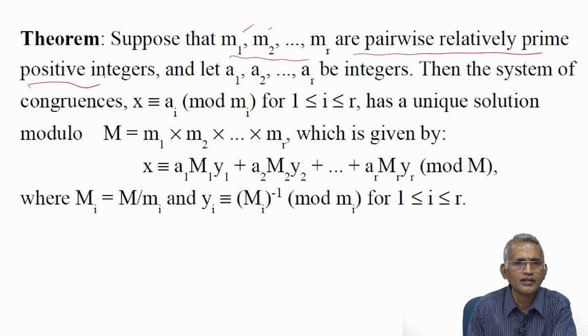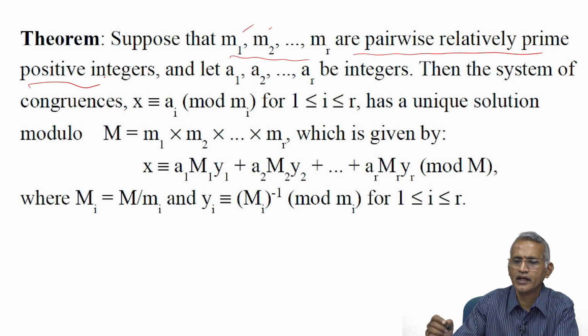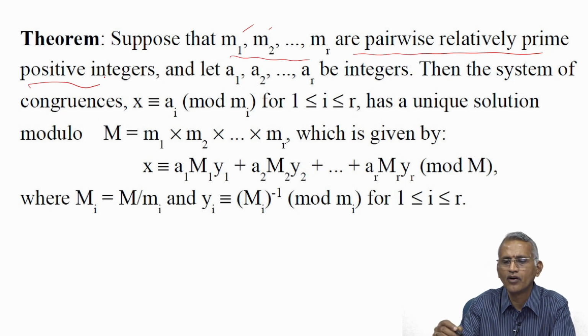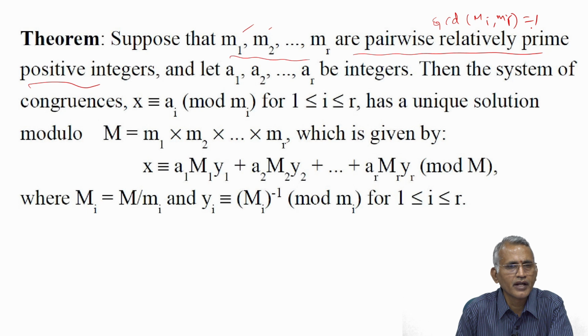If the GCD of the pairwise numbers is equal to 1, then it is said to be pairwise relatively prime. Relatively prime means the GCD of two numbers is 1. So, keep it in mind, this is the first assumption you have to make.